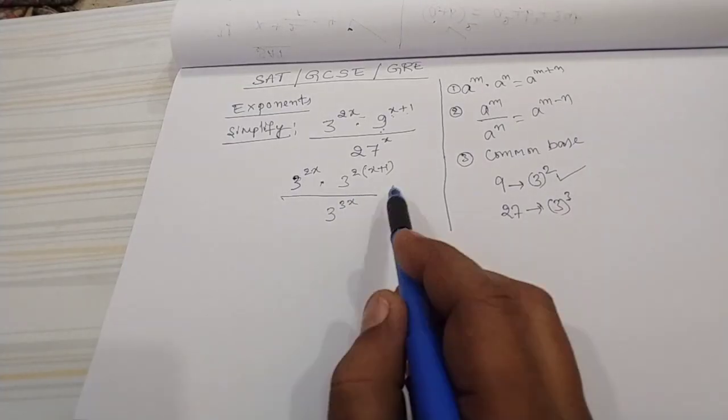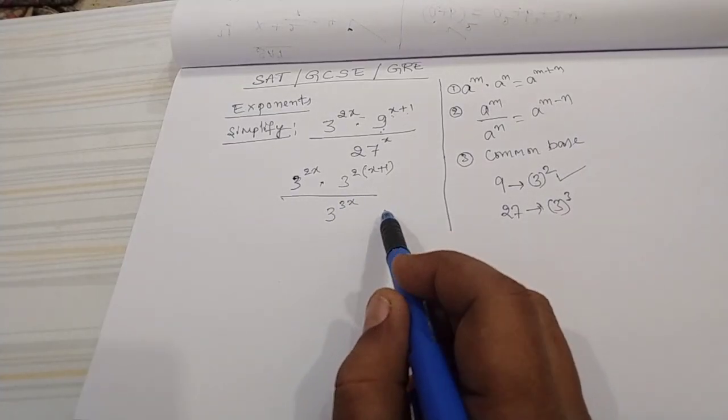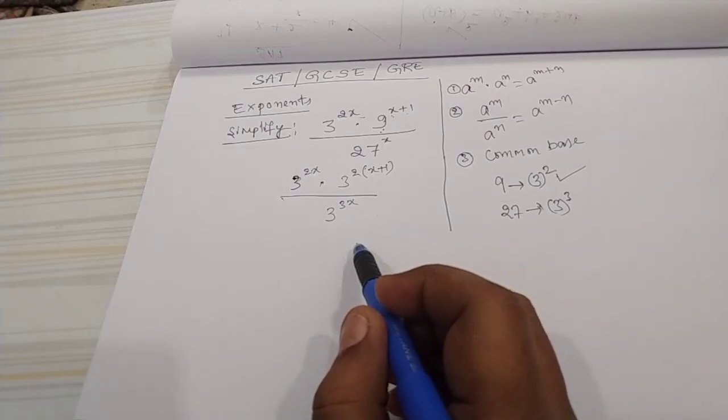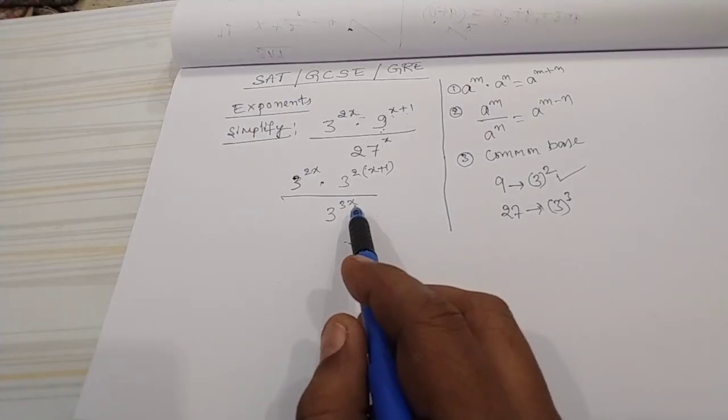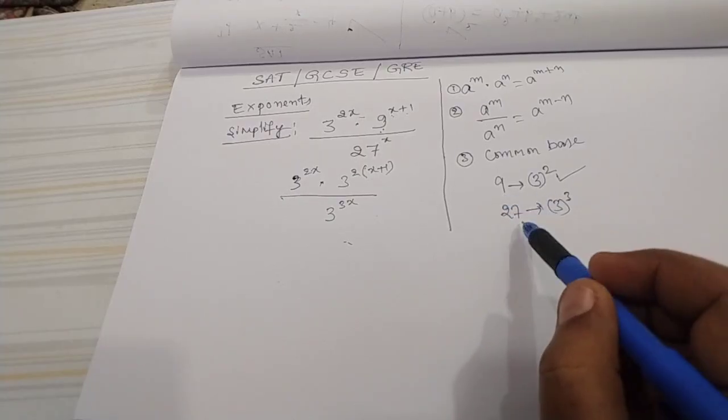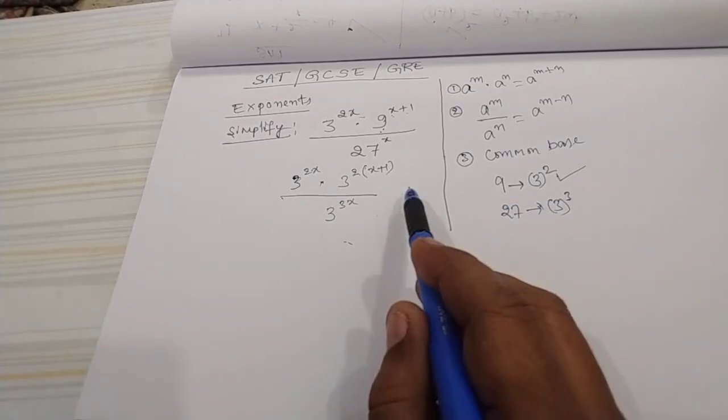I hope you understood this step. So the first step was replacing 9 with 3 square and 27 with 3 cube.